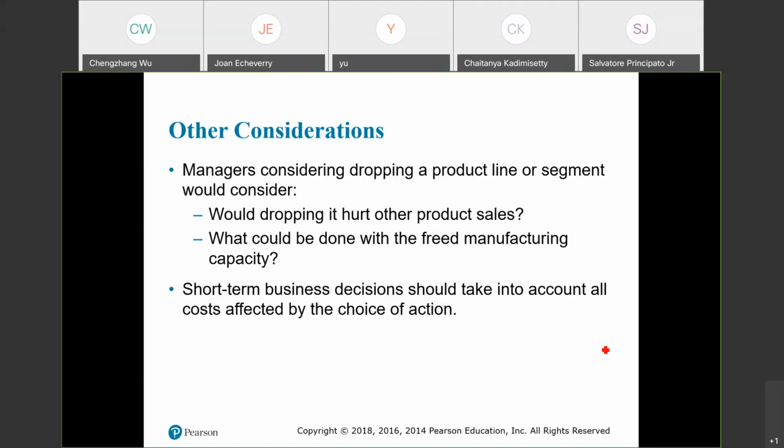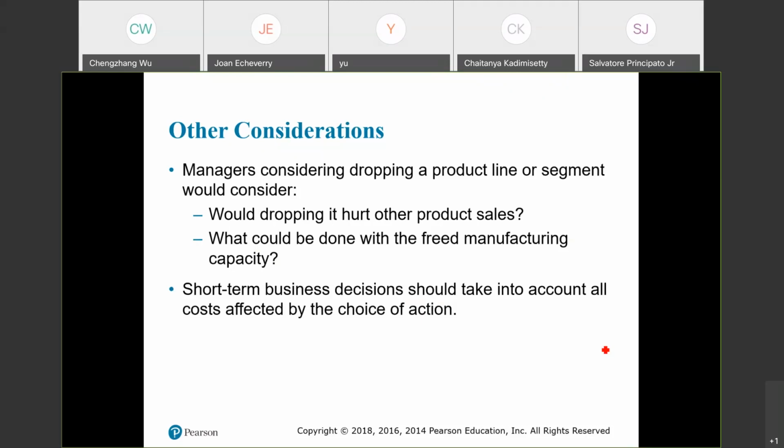Well, in the Smart Touch Learning example, we assume the company produced both standard tablets and premium tablets using the same manufacturing equipment. If Smart Touch Learning drops the premium tablets, could it make and sell another product using the freed machine hours?